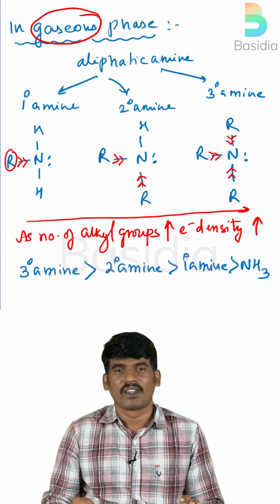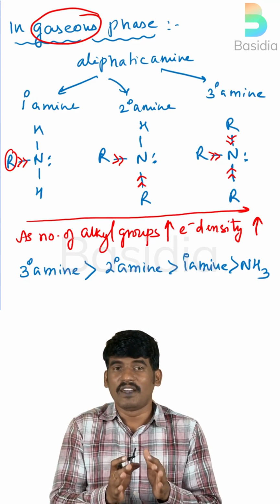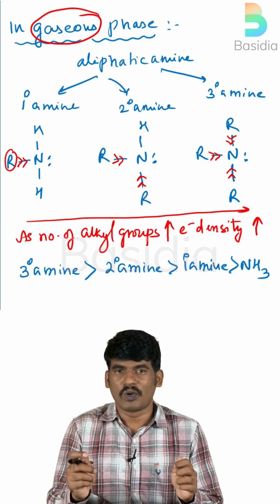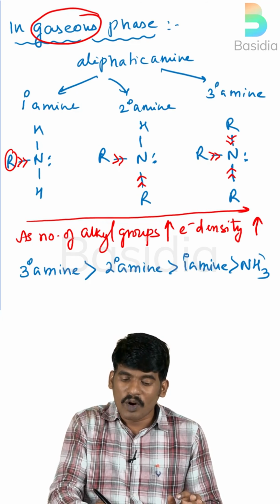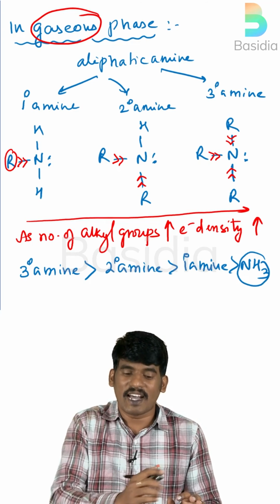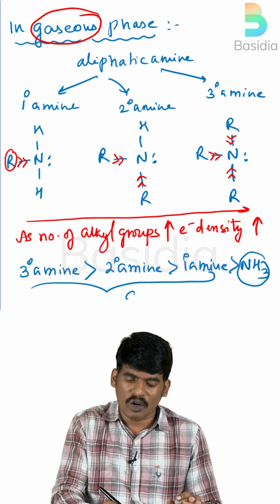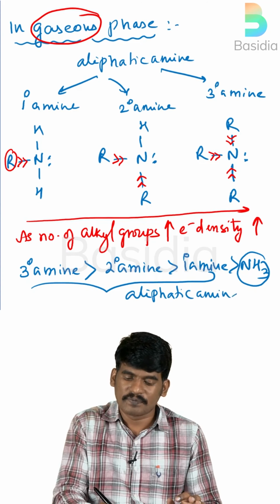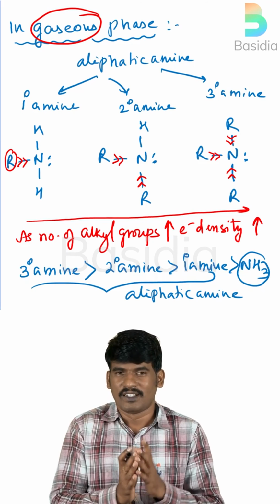ammonia. As a concluding point, ammonia is a weaker base than aliphatic amines. All these together are called aliphatic amines, or alkanamines, right? Hope you understand.